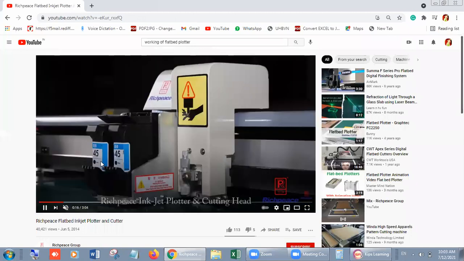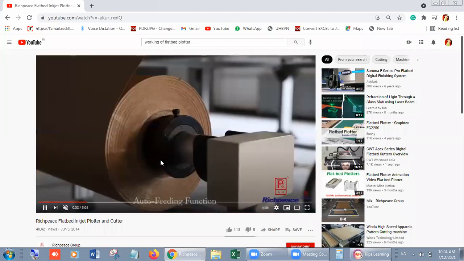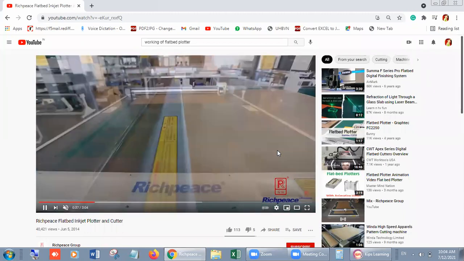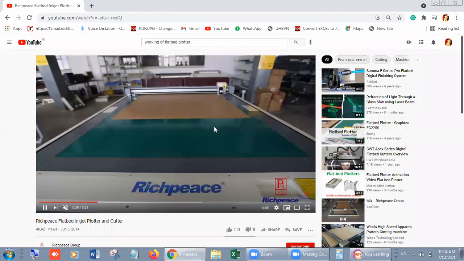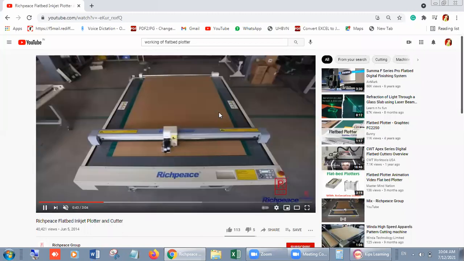And this is the head, and inside it we have some ink. Now this is the working of it. It always moves on the page which we set. Look, this is the page, and its roll automatically comes onto the sheet, on the flatbed. This is our flatbed, and the page is coming. You can see. Now the plotter is starting to print.